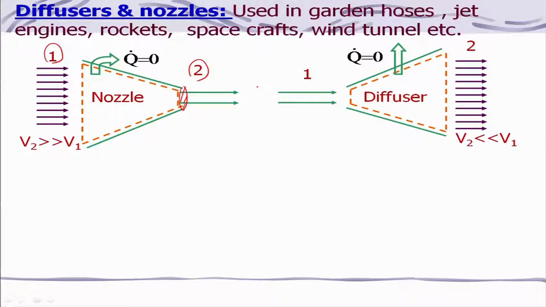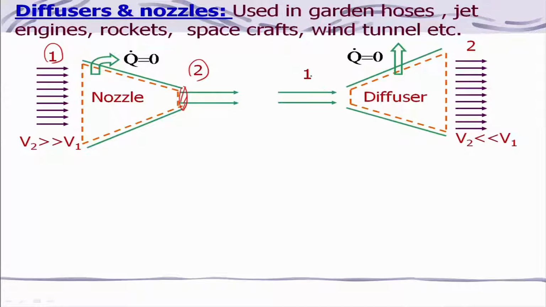Why is it so? Because we know from the continuity equation. Yes or no? Okay, we will discuss that. Similarly, for the diffuser, the fluid will be entering the diffuser at a very high velocity, and then the velocity will decrease because the cross sectional area has increased here.